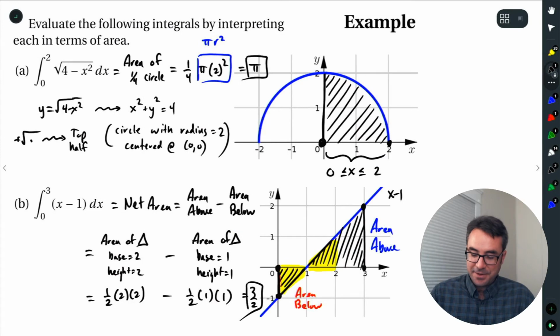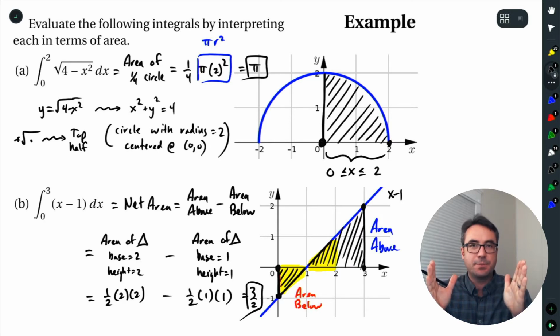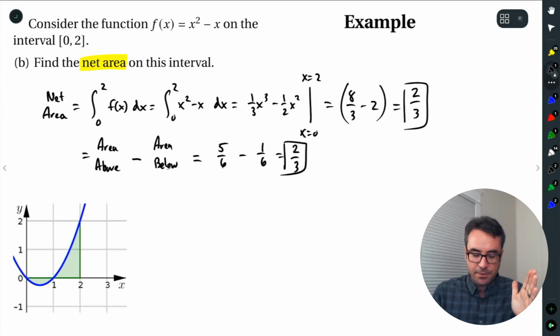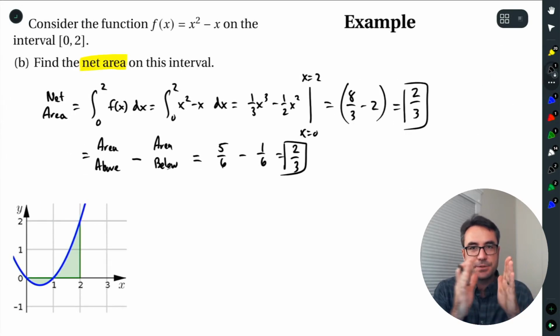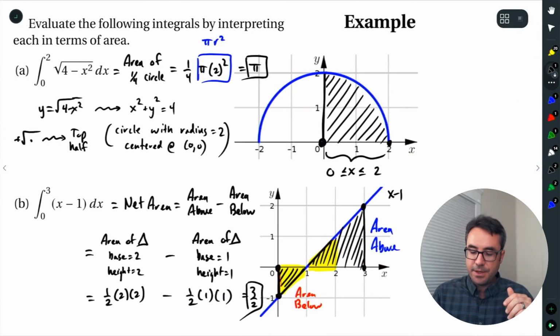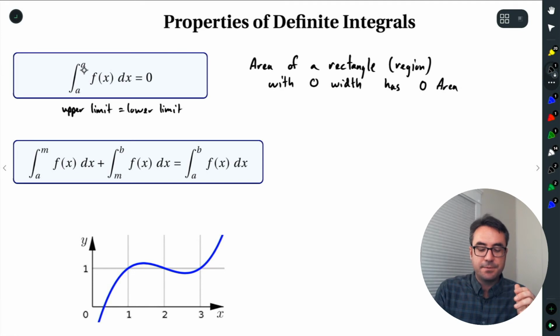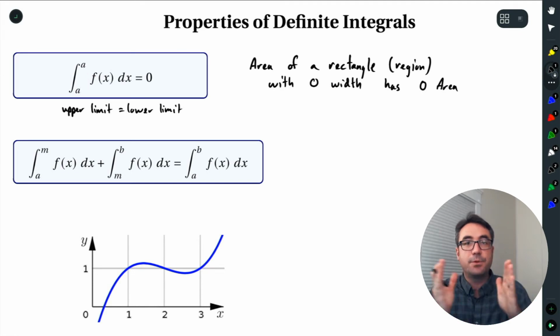So that's kind of a key thing here. The limits of integration, if we go back to any of these previous examples, say like this circle one we looked at, if we're integrating from 0 to 2, well, that's describing the width of our region in some way. And so the limits of integration really describe the width of our region.